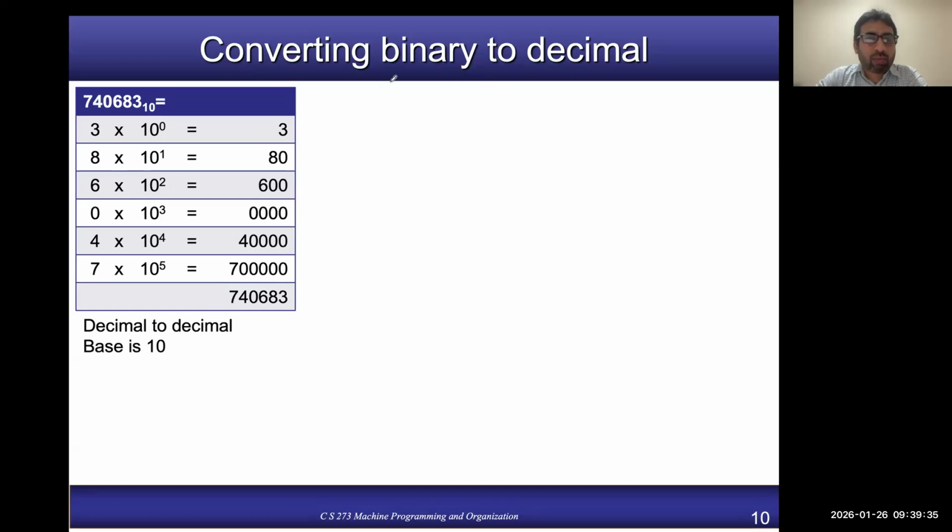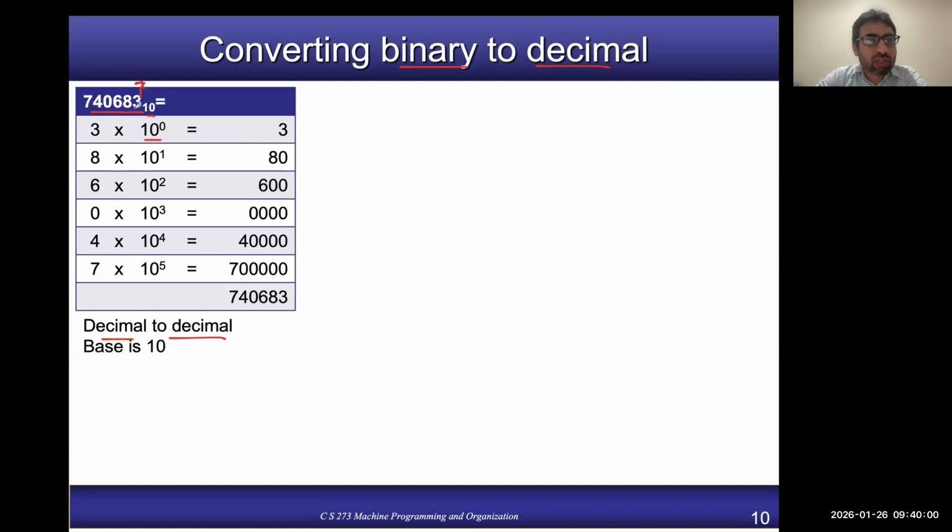Before we talk about how to convert binary to decimal, let's first talk about how to convert decimal to decimal, right? We have already seen the example. If the number is 740740683 and the base is 10, this number is in decimal form, right? How do you convert it? It is straightforward.